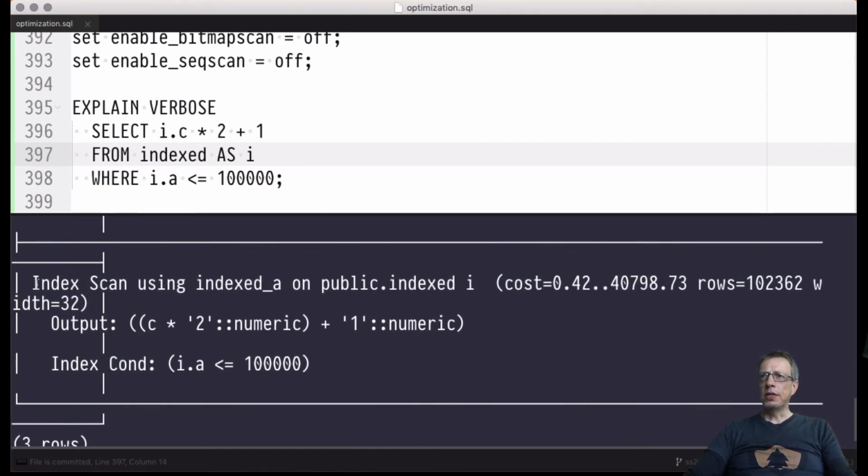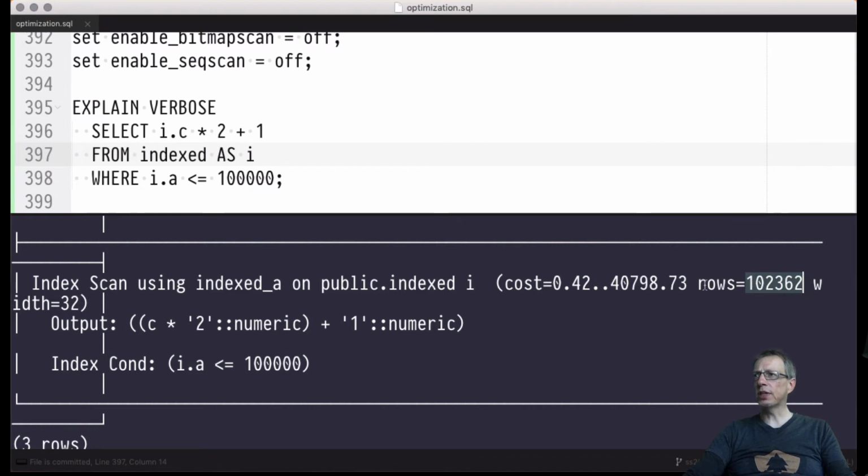Indeed an index scan has been planned. The index condition: although the B+tree is unclustered, it can support this particular index condition. That's a range condition that is very well supported by a B+tree on the A column. And this is the output expression, a very simple arithmetic expression that we've seen before. This is the estimate of the number of rows that can qualify.